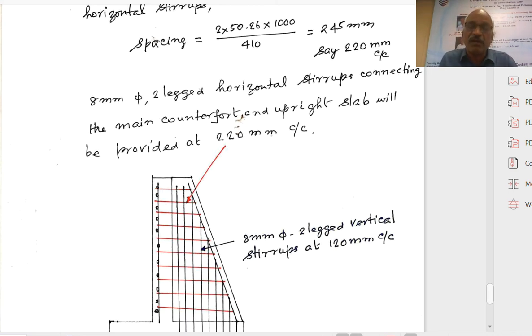The counterfort retaining wall is a lengthy design, and I have not given the complete reinforcement details. In an examination, if it is a full design and drawing problem, they will ask for a complete design and a complete drawing.